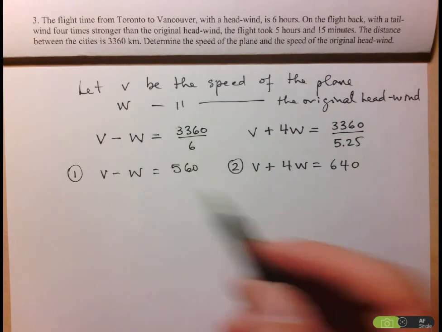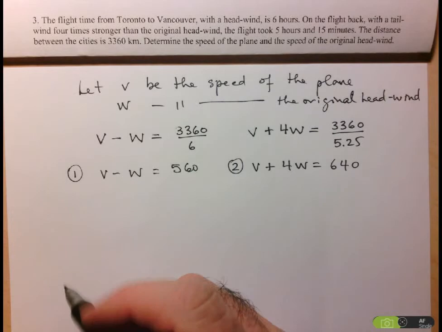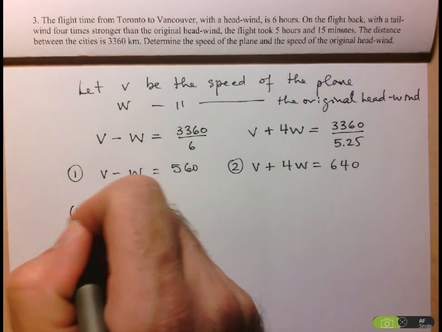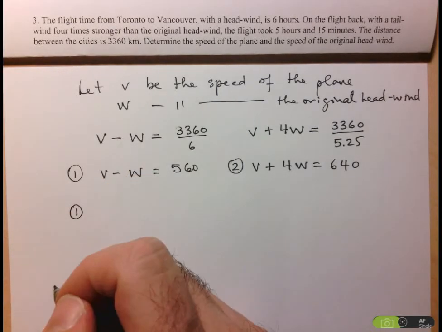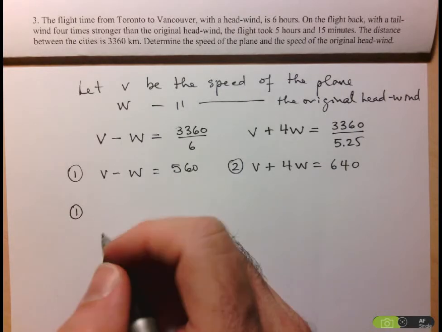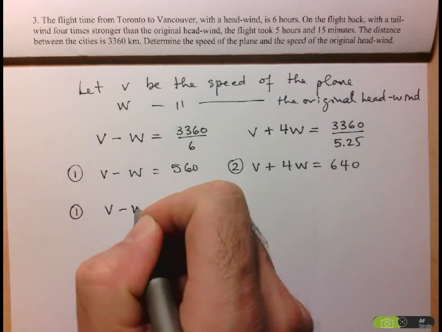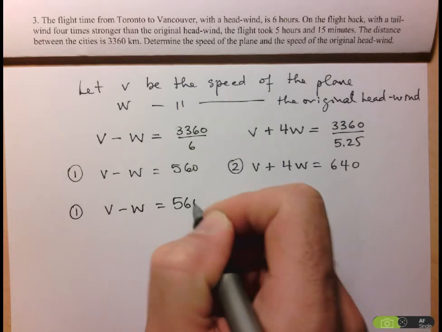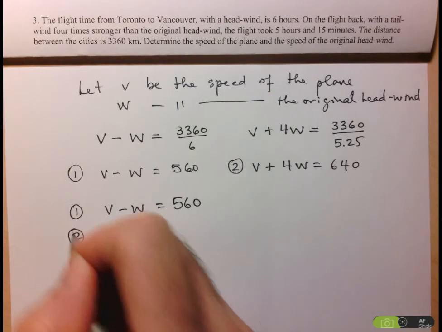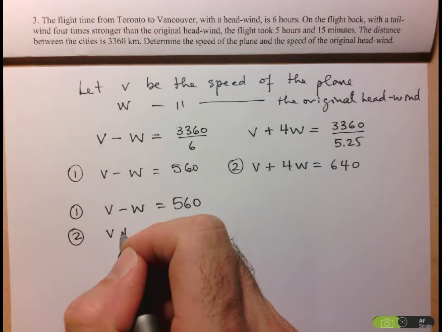So while we can use substitution quite easily, I'm going to stick to my usual procedure of using elimination. So I've got v minus w. Don't need to actually multiply anything since we have v in both equations.